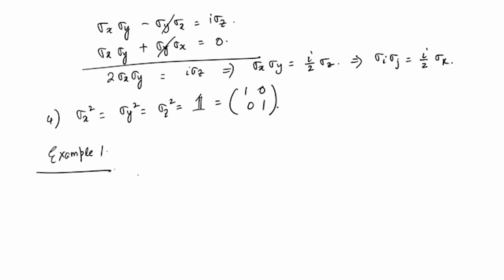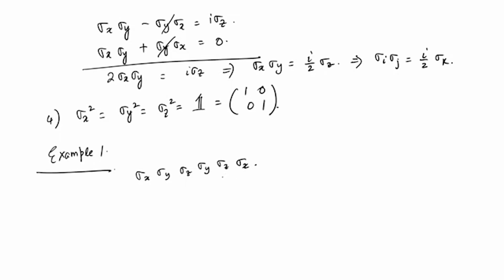So let us say that you are given to simplify sigma x, sigma y, sigma z, sigma y, sigma z, sigma x. What is the product of all these matrices? One way, of course, is to simply write 2 by 2 matrices and keep multiplying, but that is not the point.